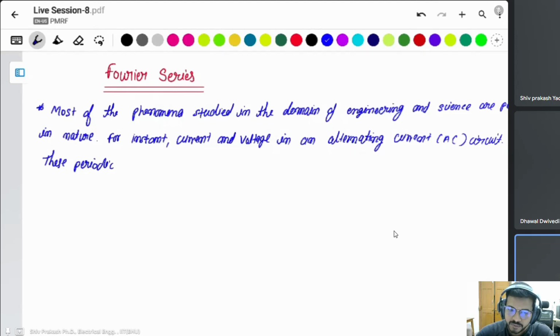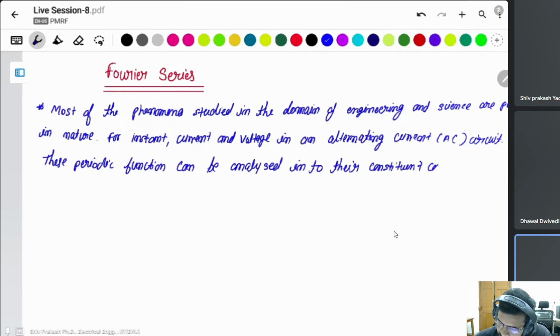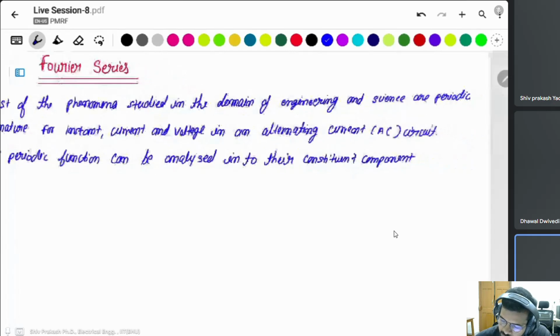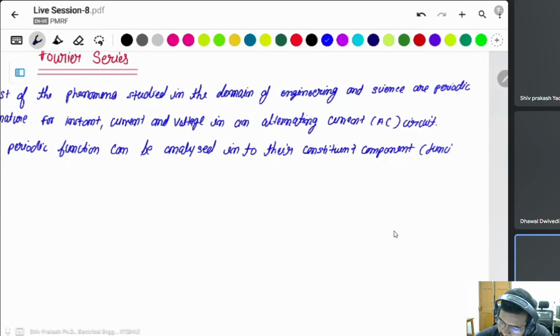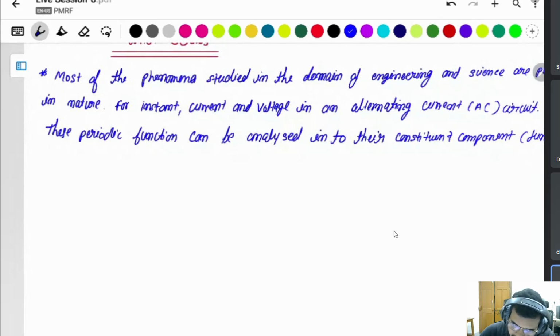It is a mixture of the fundamental and harmonics.